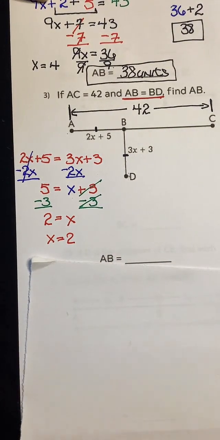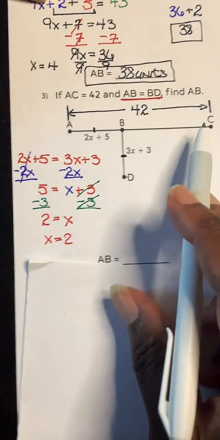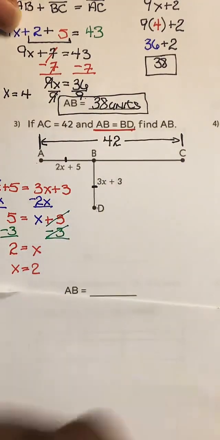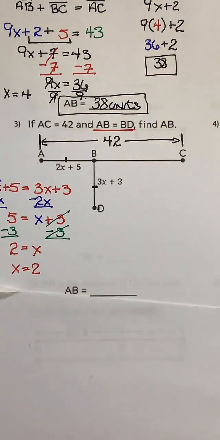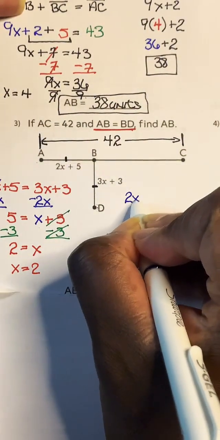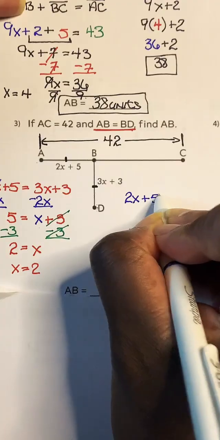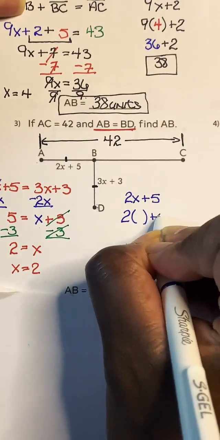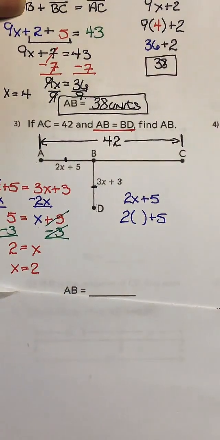So we know now what x equals, but they want us to find the length of AB. That means we're taking this 2x plus 5, but instead of an x, we're putting our 2 in.